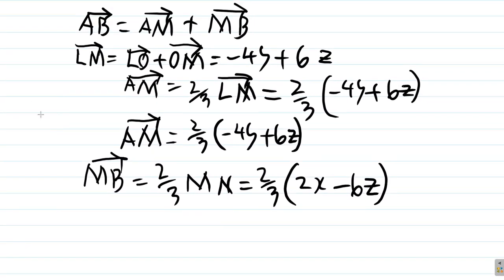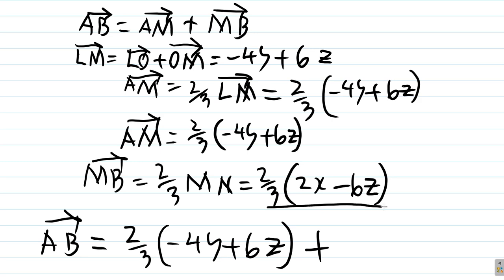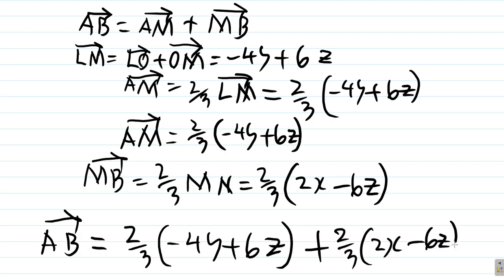So, AB now is equal to AM, which is 2/3 of negative 4y plus 6z, which we have up here, plus MB, which is 2/3 of 2x minus 6z.